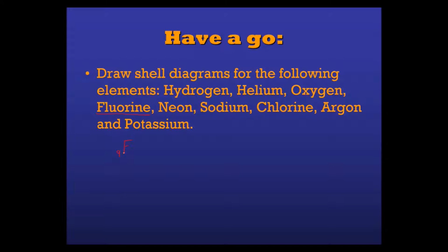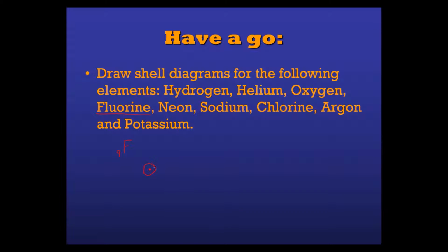So we've got 9 positive charges in the nucleus of the atom, and so we have 9 electrons which have negative charges, so 9 negative charges, and that balances the charge for the whole atom and gives us a neutral atom. So when we're drawing the diagram, we've got 9 electrons to play with.